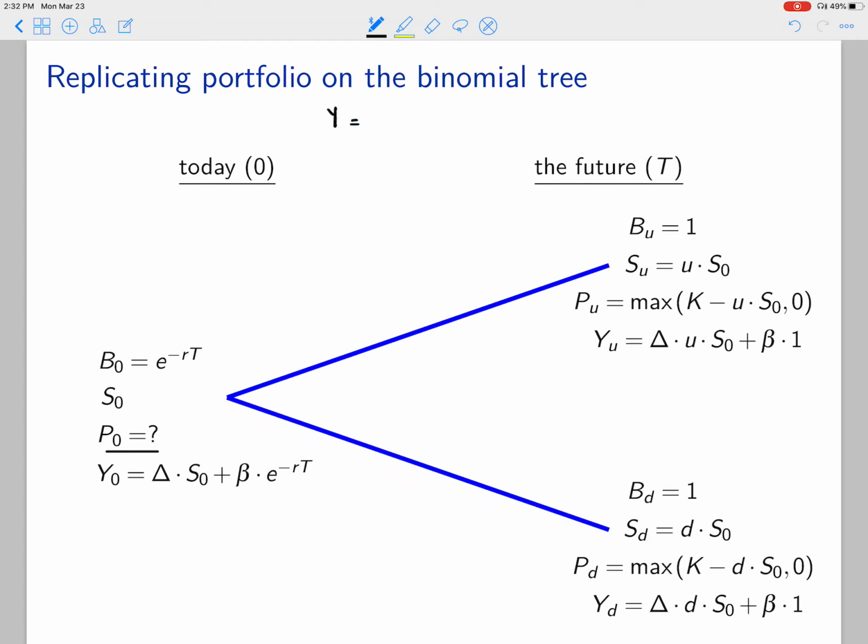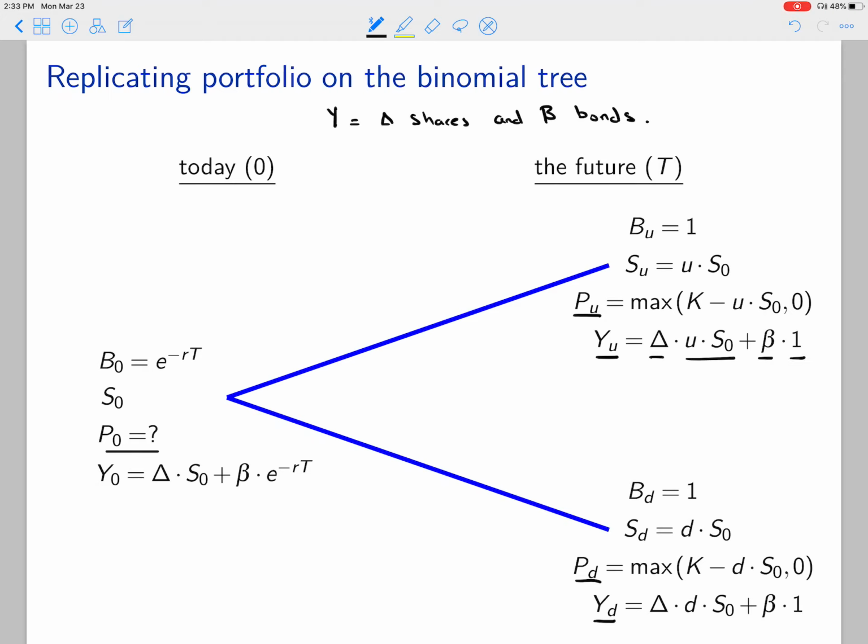Y is equal to delta shares and beta bonds. We're going to try to choose these delta shares and beta bonds so that the payoff matches the payoff of the put in the up and the down state. The payoff of the portfolio in the up state, given a delta and beta, is delta, the number of shares we own, times the price per share, plus beta bonds times the face value of 1.